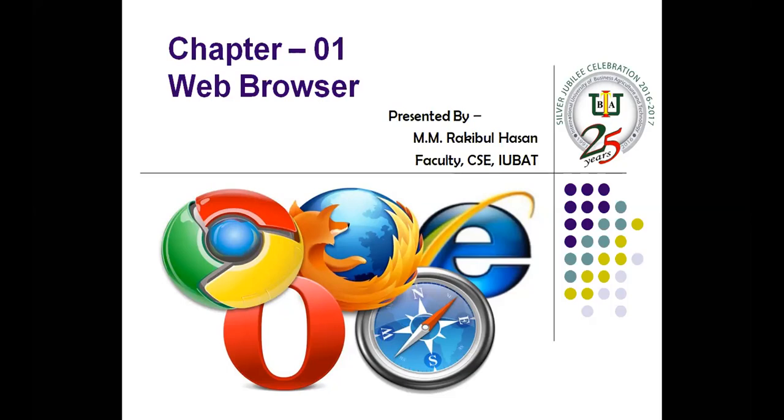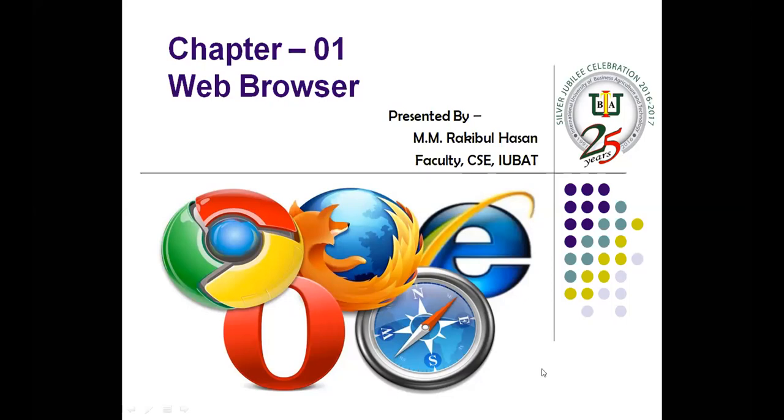In the World Wide Web, a lot of information is available. If I would like to get a specific piece of information, I need a web browser. Through a web browser, I can fetch and access any content from the World Wide Web. Is it clear to you why we use a web browser?